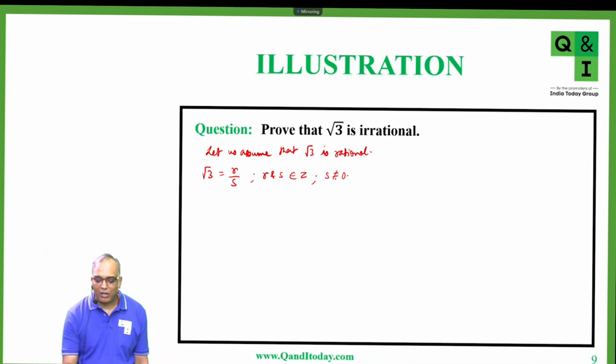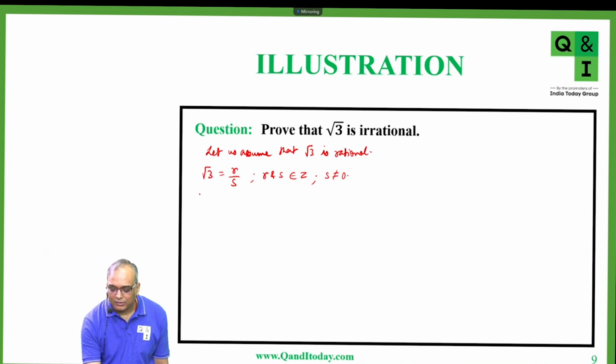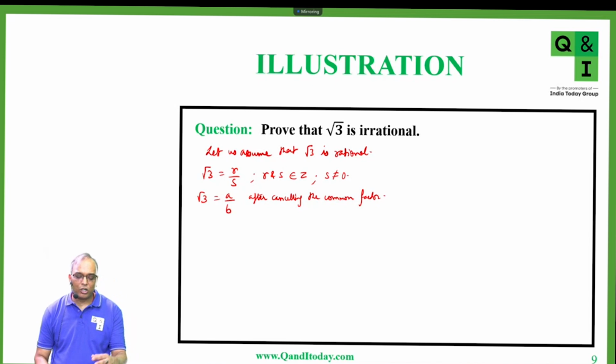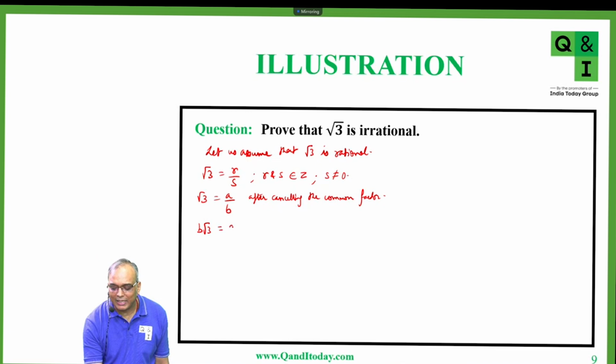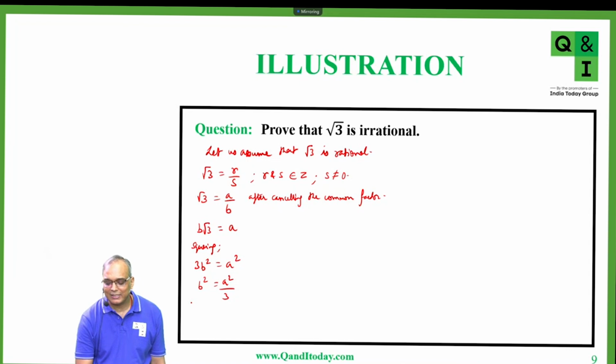Now, after cancelling the common factor, we can write root 3 as a by b. Once you have got root 3 as a by b, I will take b on the other side. This will become b times root 3 is equal to a. So squaring, we are going to get 3b square is equal to a square, or b square can be written as a square by 3.